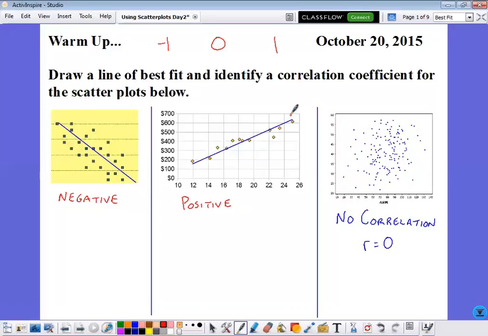So now in order to be able to come up with a correlation coefficient, we have to be able to decide the strength of that correlation. I remember yesterday when we talked about strength, we're talking about how close are these data points to our line of best fit. The closer they are, the stronger they are, and the more so we're going to get to -1 if it's a negative correlation, or to +1 if it's a positive correlation, like in this one.